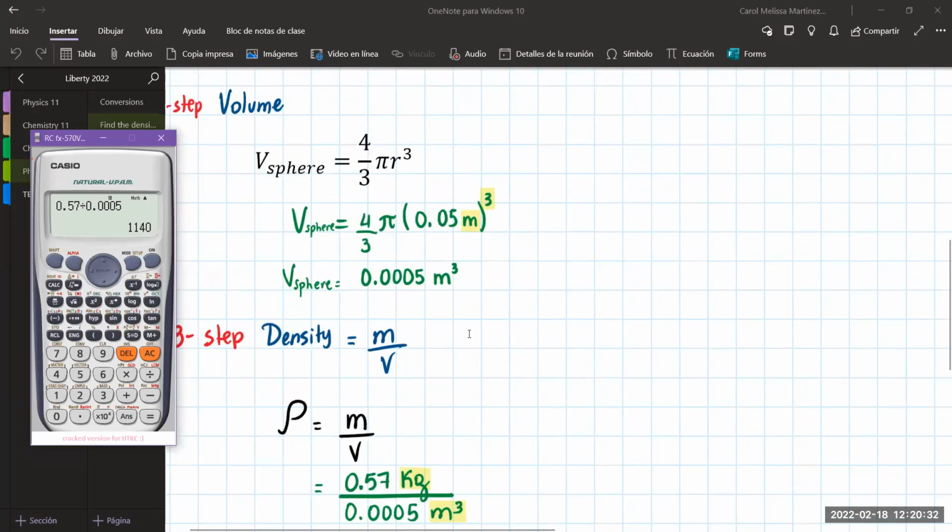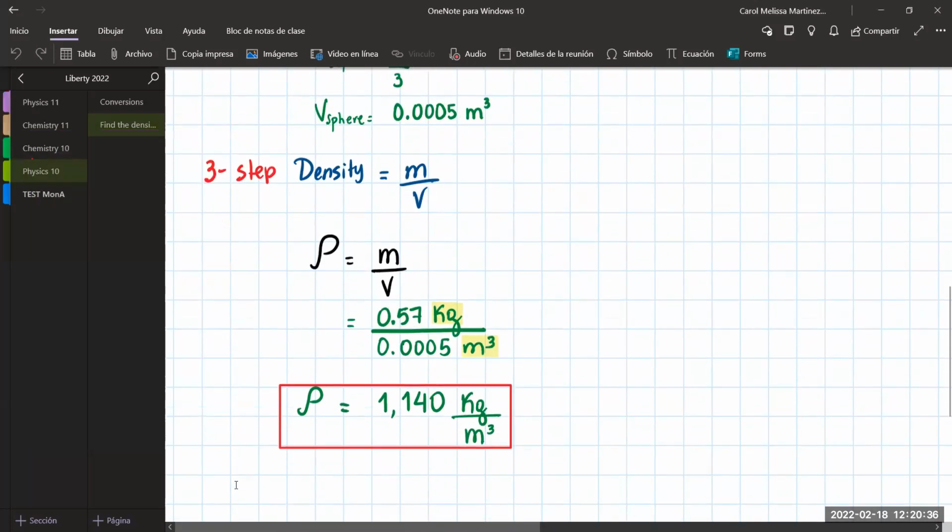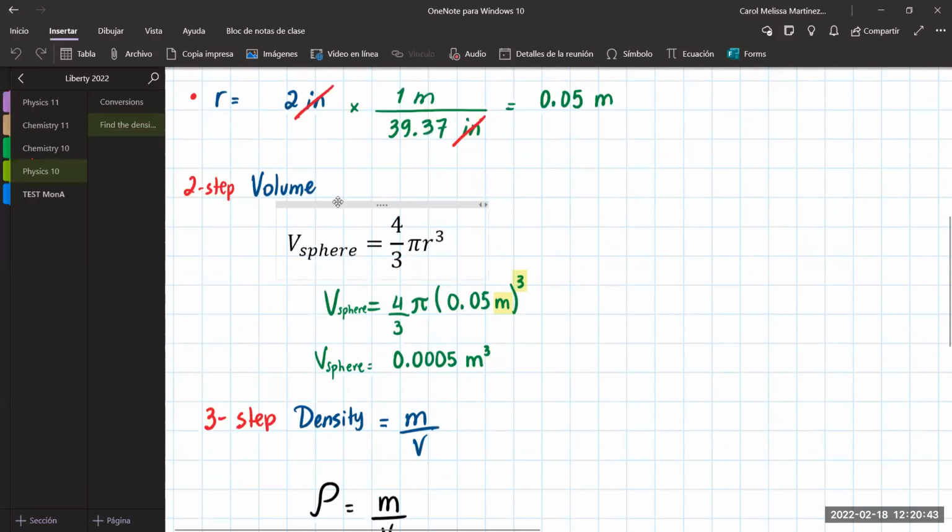From this exercise, is there a step that you want me to do again? Remember that the formula of volume, I will provide it to you on the day of the quiz. It's going to be projected in your quiz.